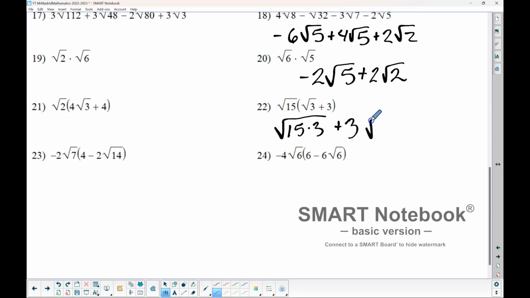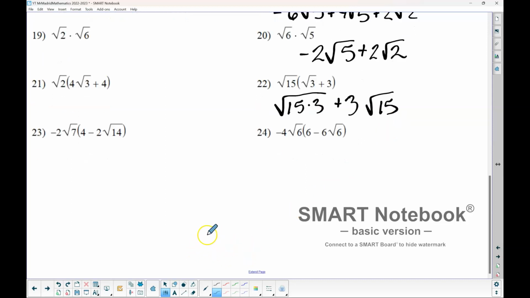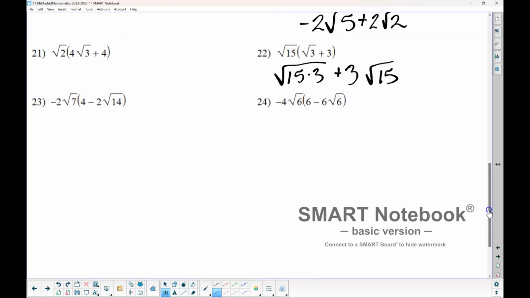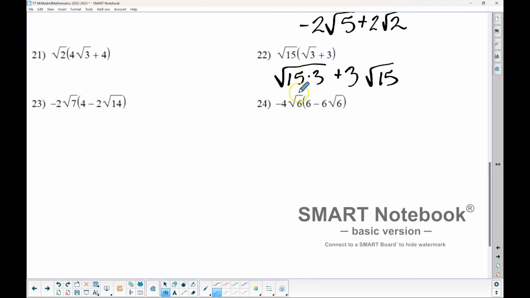It's a 3 times the square root of 15. Okay? Now that I've distributed, and again, radicals, you want to get really good at them, because you're going to see them a lot in geometry and moving forward. So now this, what does this become? This becomes 45 plus 3 square root of 15.